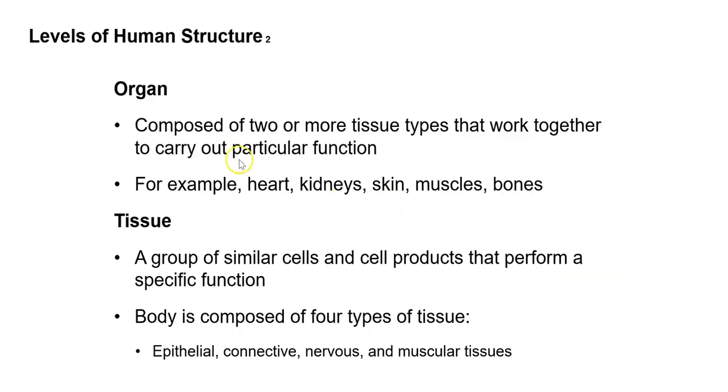An organ is anything composed of two or more tissue types. A tissue is the next lowest level of organization that we'll get to in just a moment. So a couple of examples of organs we'll see are things like the heart, kidneys, skin, muscles, and bones.